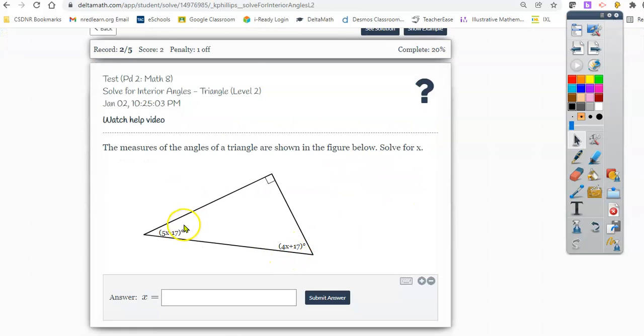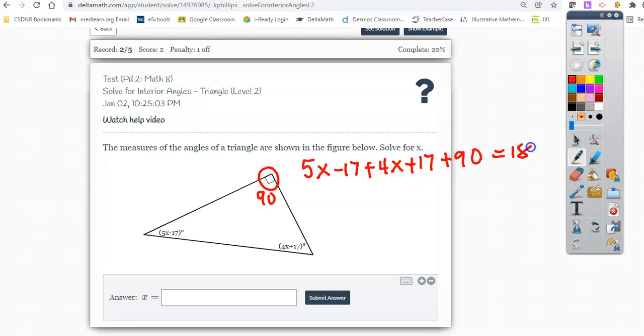Okay. This one has 2 algebraic angles. So when I type or write my equation here, this one will be a 90. And the other ones are 5x minus 17 plus 4x plus 17 plus 90 equals 180.